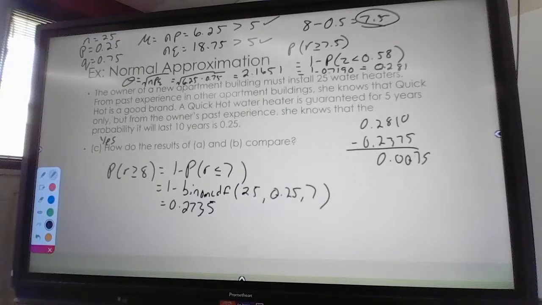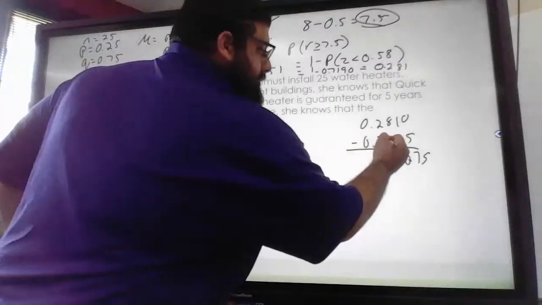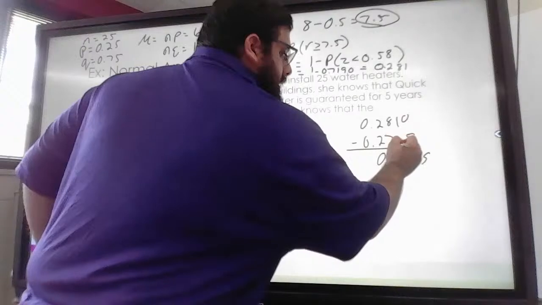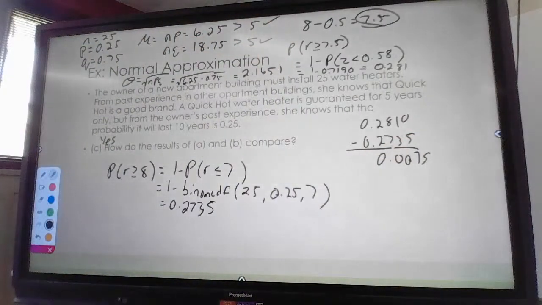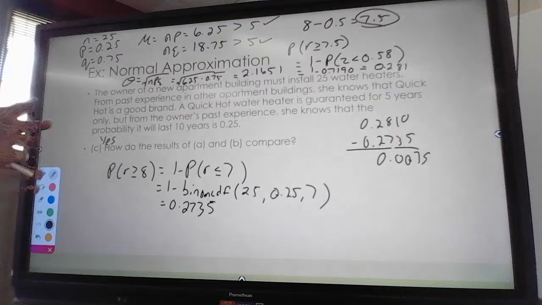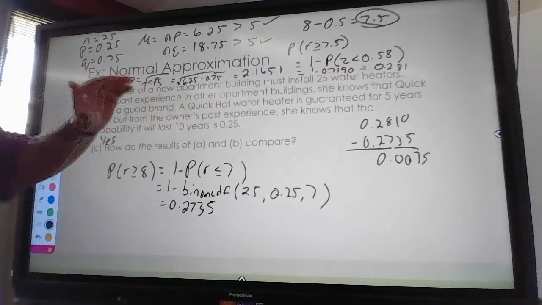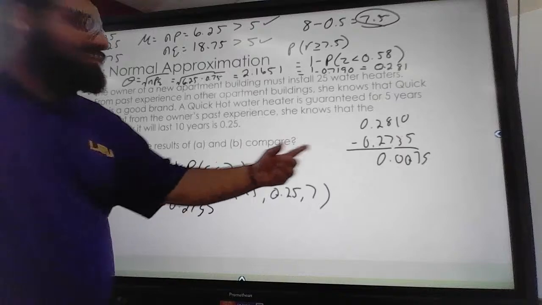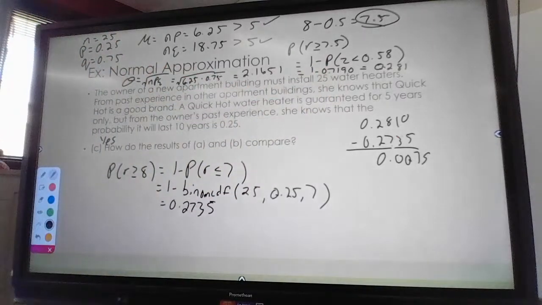Actually, I misread that number earlier, a little dyslexic moment there. Because this difference is so small, it doesn't really affect much. The probability roughly remains about the same. But again, as your value of n gets larger and larger, these two values will become that much closer together. The approximation tends to be more accurate.